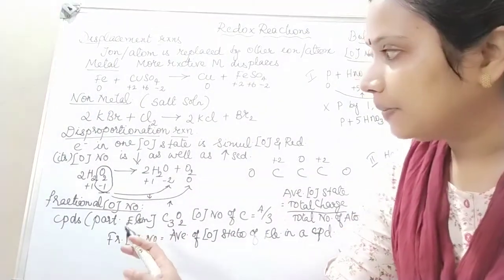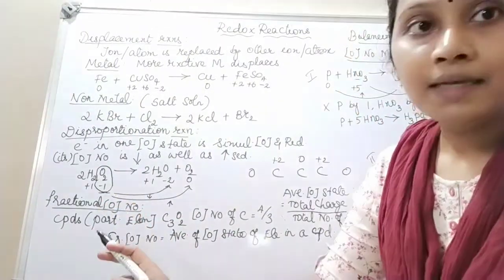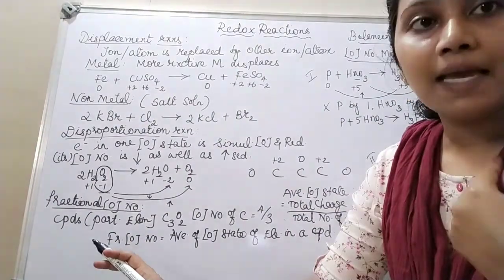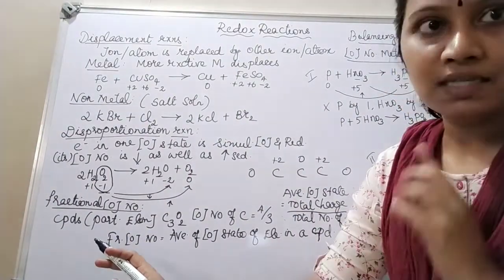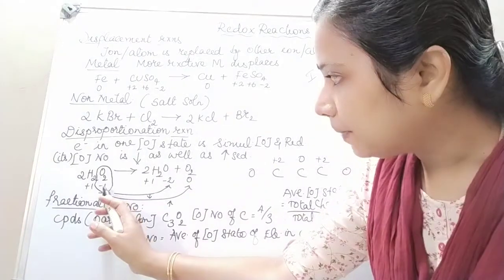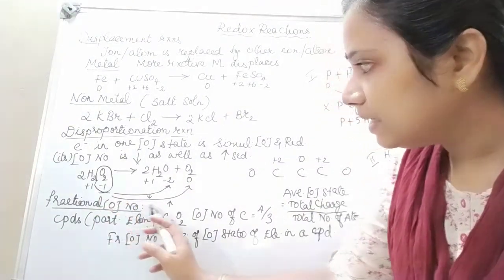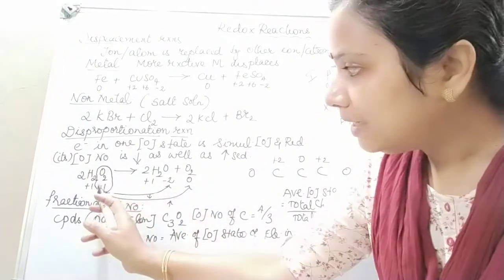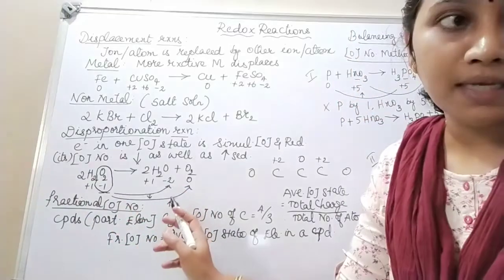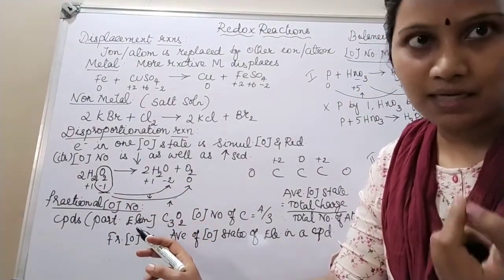So what has happened? The oxidation number is simultaneously increased as well as decreased. How? From -1 it is increased to 0, and from -1 it is decreased to -2. Shall I repeat one more time?